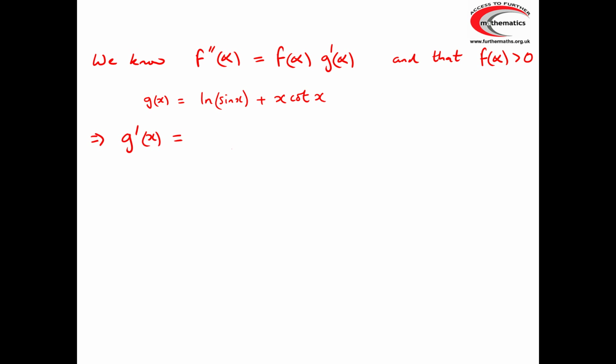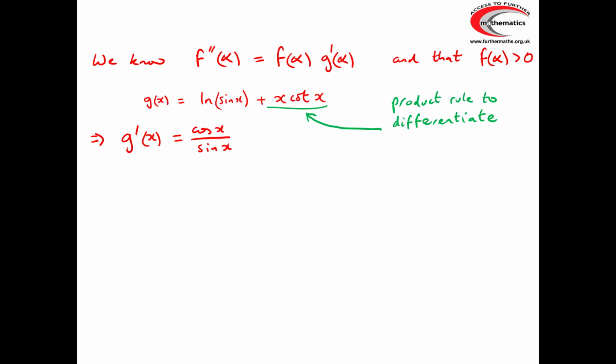So differentiating, we've got g'(x) is, first of all, the derivative of the logarithm of sin x. And we've already dealt with that once earlier in the question. The derivative of the logarithm of sin x is the derivative of sin x, cos x, divided by sin x, so that's just cos x over sin x. But now we've also got to differentiate x cot x.